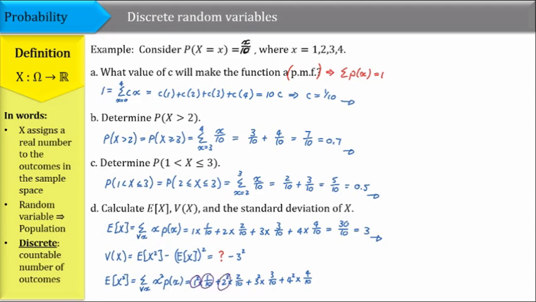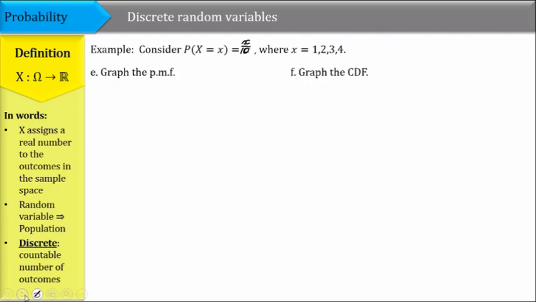X can be 2, so that's 2 squared times 2 over 10, all the way to 4 squared times 4 over 10. So, summing that, we get 100 over 10, which is equal to 10, of course, and then we can substitute that into our variance calculation. So that'll be 10 minus 3 squared, that's 10 minus 9, which is just 1.